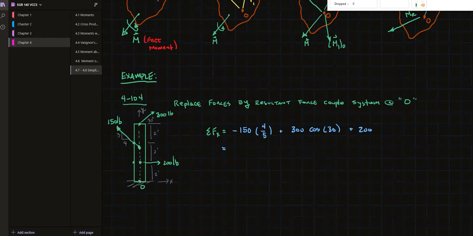This is going to equal 339.81 pounds. And I'll just put an arrow on it so we know.